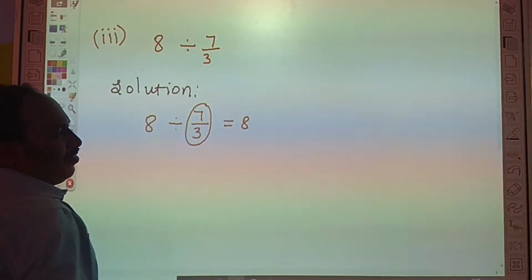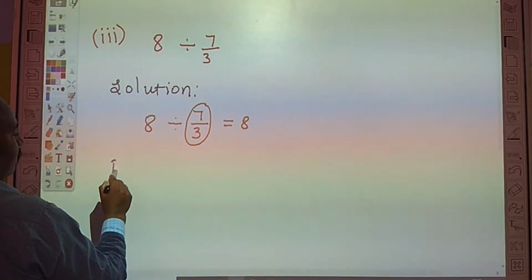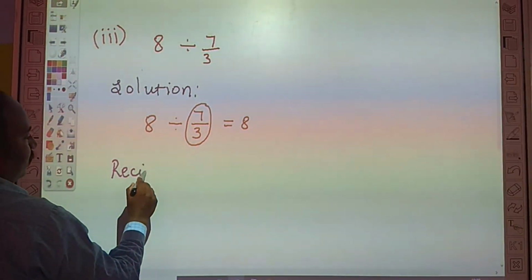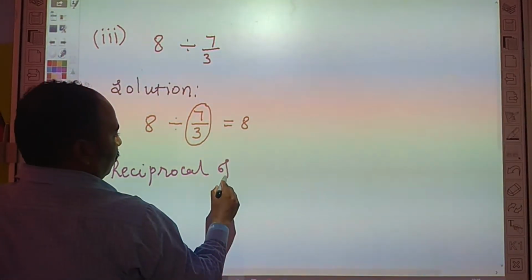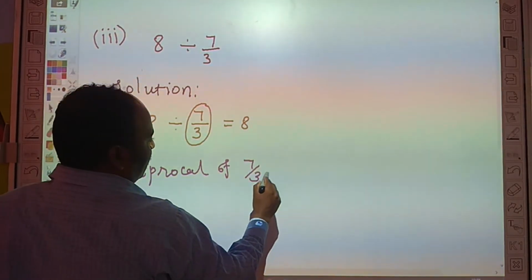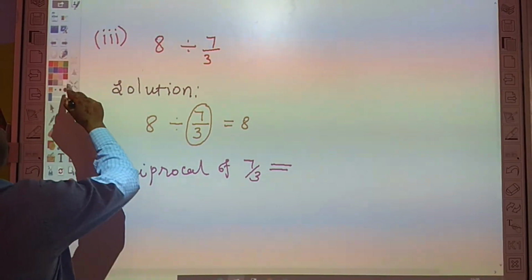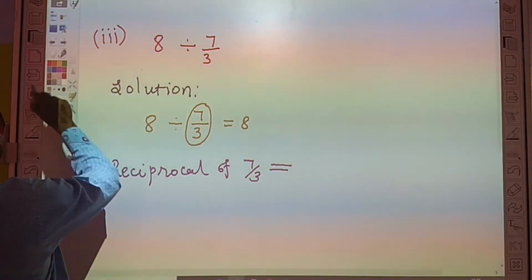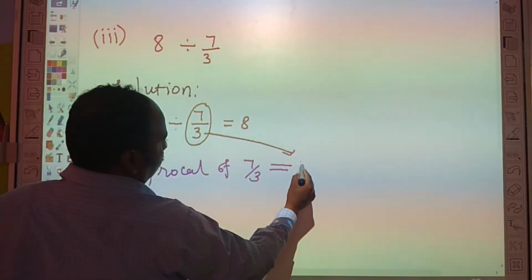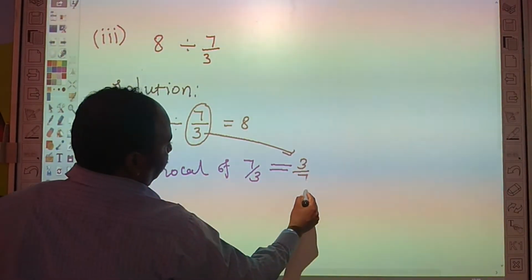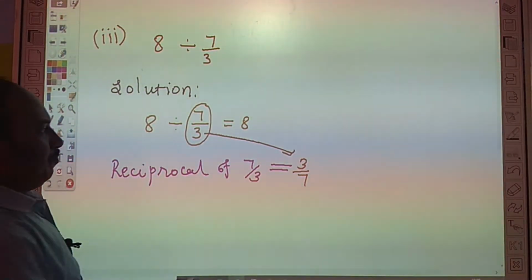We take the reciprocal of 7/3. Reciprocal of 7/3 is equal to 3/7.